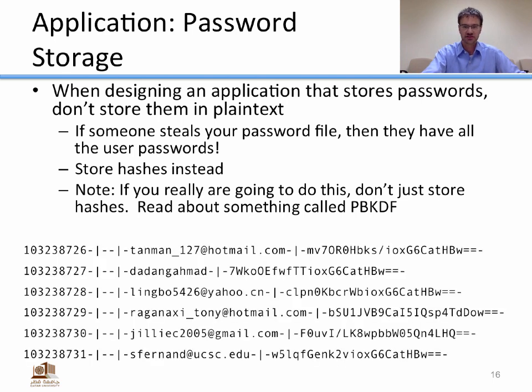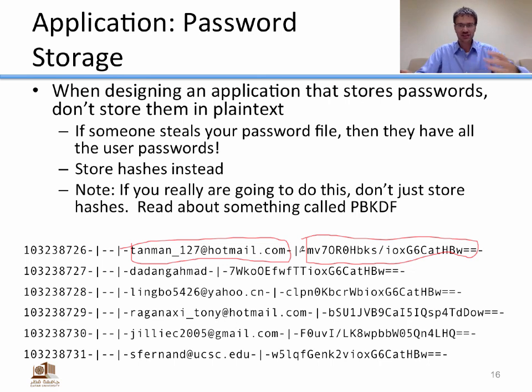So as an example, here's, say, a password file that a system might use. And what we would have is, okay, well, here's the user's account name. It's just their email address. And here's a hash of their password. So instead of storing their actual password, you just store a hash. And that's useful and helpful. And then if an attacker breaks in, they don't get the password, they get the hash.